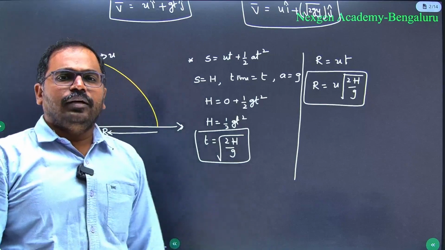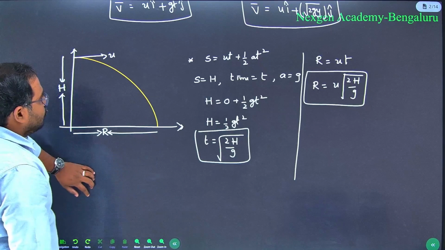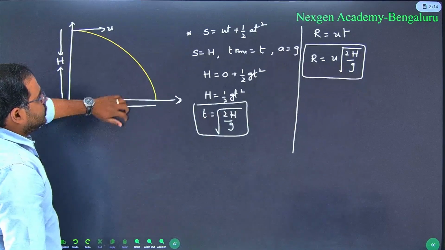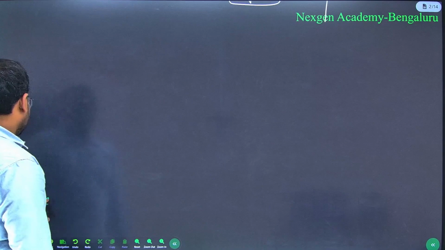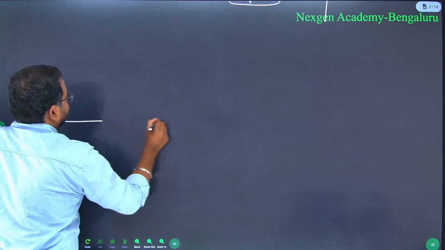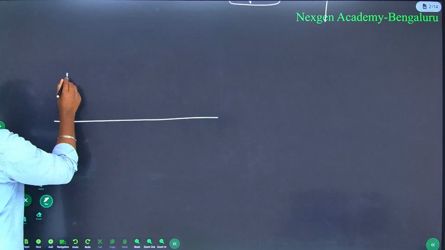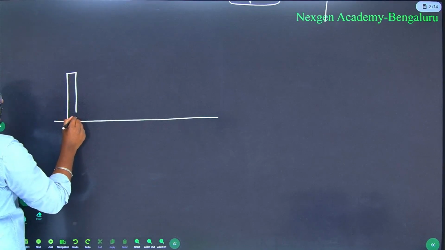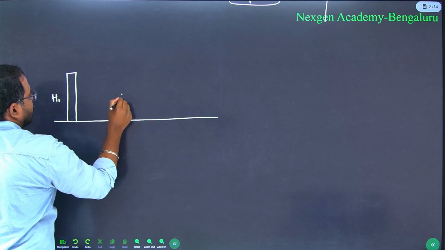Okay, so let me discuss those applications relevant to this horizontal projectile. Sometimes they'll give questions in this way. Suppose a person or a body is thrown from this height h1 onto the other building.